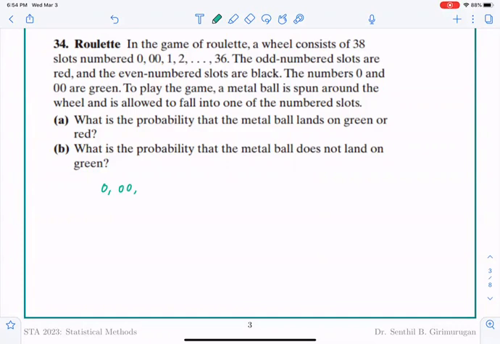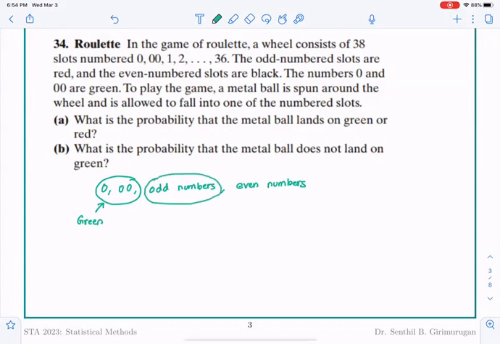So what I'm going to do is just say odd numbers and even numbers. And now I'm going to give them colors. So 0 and 00 are green. Odd numbers are red. Even numbers are black.